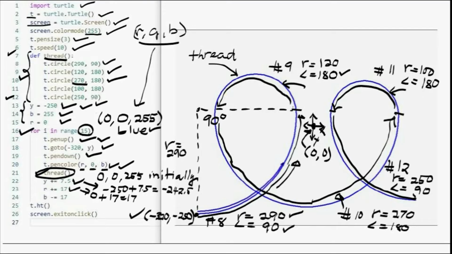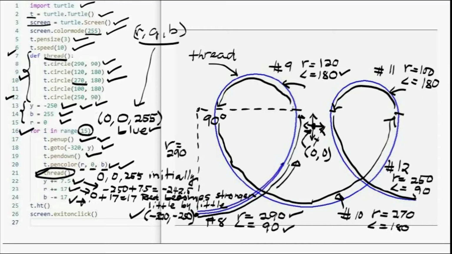What does the increasing value of red mean? It means that the red becomes stronger, little by little. Remember, we are drawing 15 times, so in the span of the 15 iterations, the R will increase little by little, but look, our blue will decrease little by little.